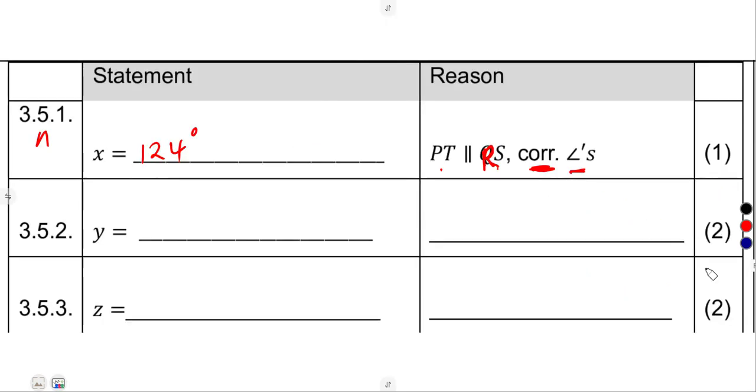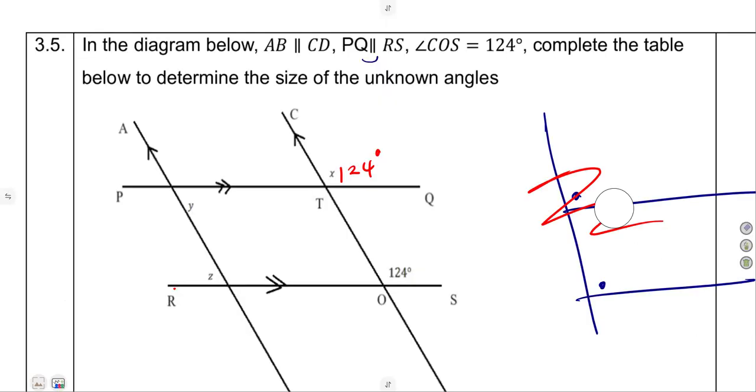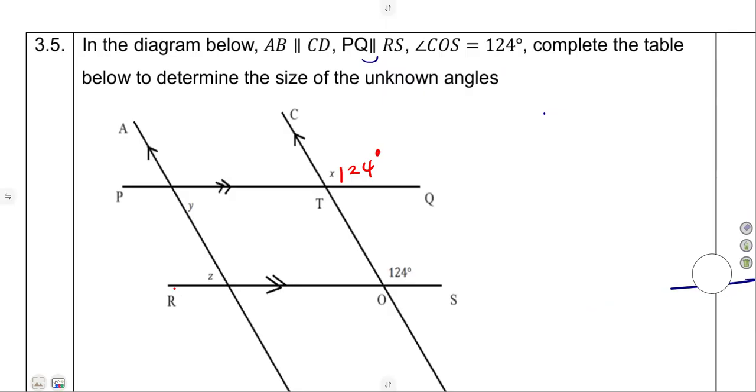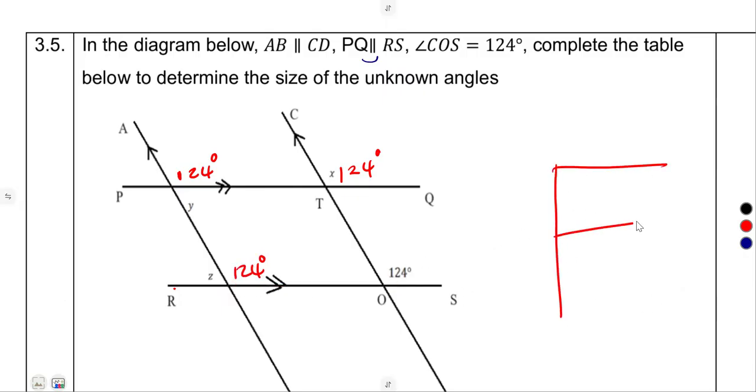Let's have this one before we move on to the angle Y. As this angle is 124, it follows that this angle here is corresponding, 124 degrees, from those parallel lines where we form an F, one outside, one inside. So the angle here is 124 degrees as well, corresponding angles.